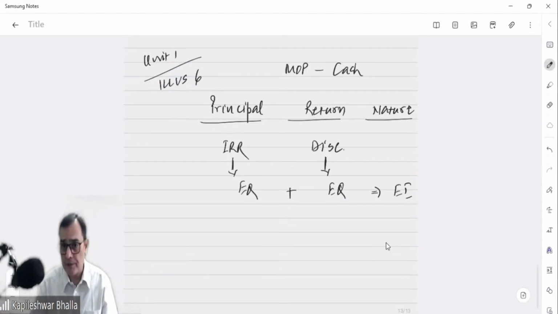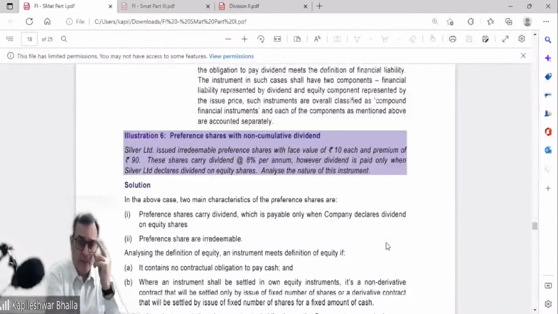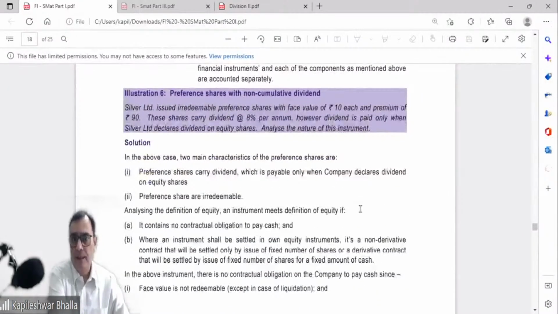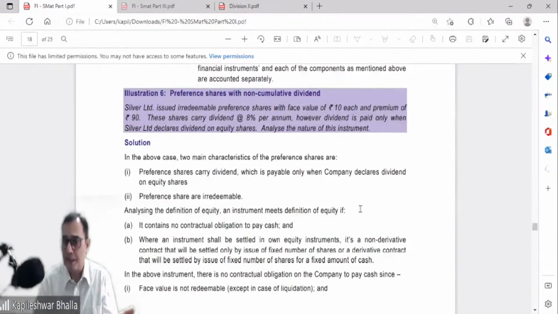Even if you look at the answer in the institute module, they've given the same inputs. They've very clearly said that there are two characteristics of the preference share: one is the dividend and one is irredeemable. And then they've quoted the definition of the equity instrument, because at the end of the day, you're going to conclude that it's an equity instrument.